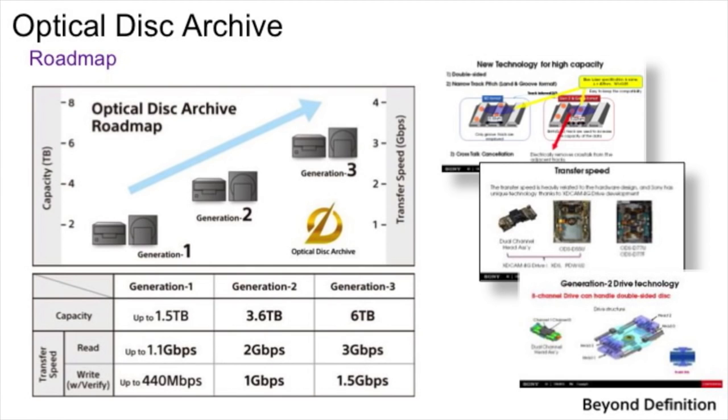We're also doing a narrow track pitch. We're maintaining the laser specification so that there's that downward compatibility that I mentioned. We're also increasing the number of heads. We're currently at 4 laser heads. We're increasing it to 8 in Gen 2. So these are the ways that we're increasing both the performance and the larger capacity.